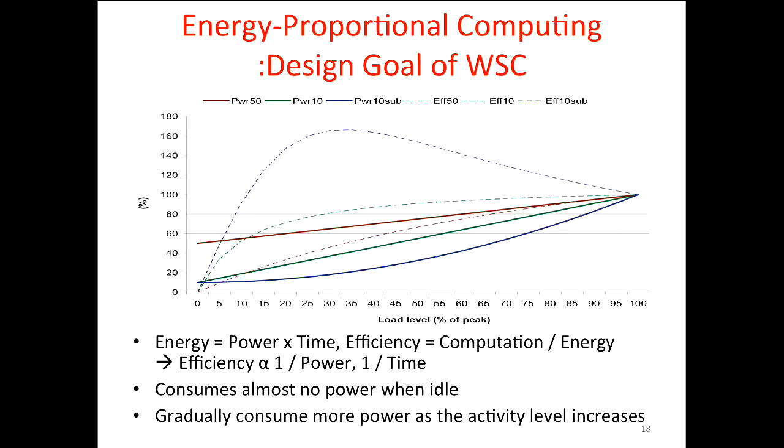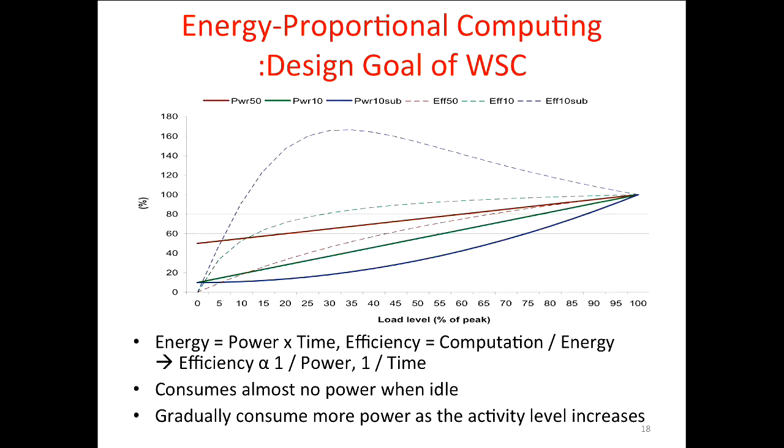So here, as I said, the server spends most of its time in 20 to 60% utilization here. However, the energy efficiency here is very poor. So we have to achieve higher efficiency here.